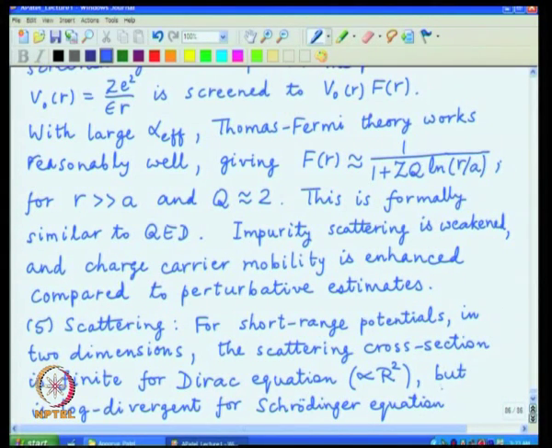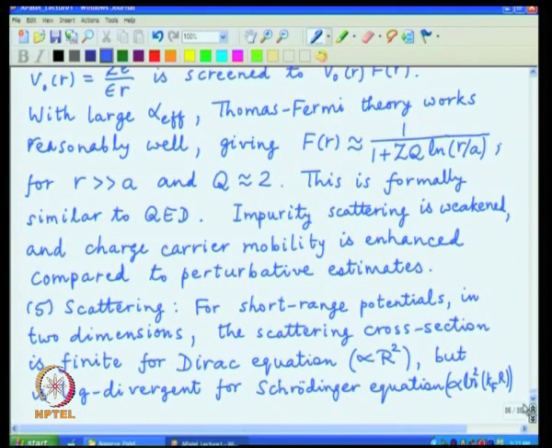In particular, it is proportional to log square of the Fermi momentum times the distance scale, and this behavior is quite distinct.